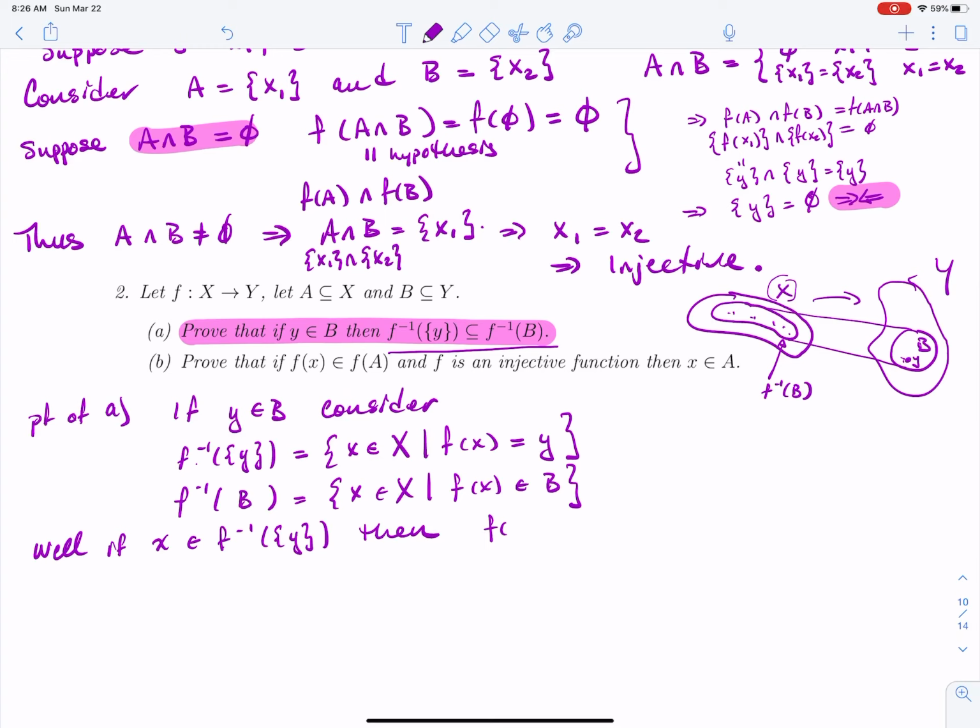We know that f of x must be equal to y, and since y is sitting inside of B itself, f of x is in B, and that is exactly the condition I need to be inside of the pre-image of B. So that all by itself tells me that x is in the pre-image of B. So that one's not very hard, and that finishes A. Now we need the proof of B. So let's go and look at B.